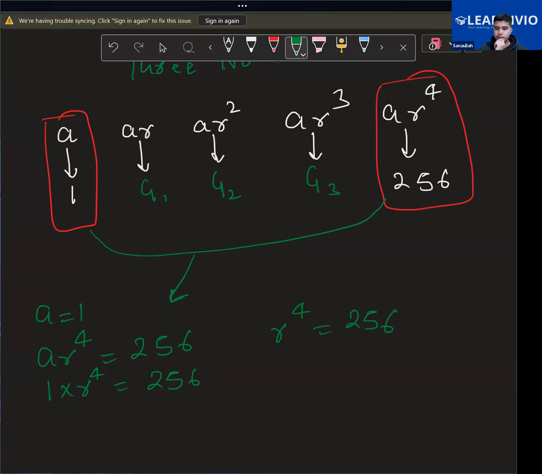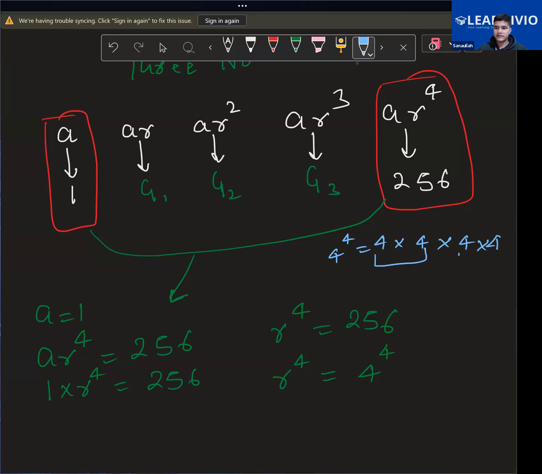So r power 4 will be 4 to the power 4. See, what is 4 to the power 4? It is 256. Did you understand how 4 power 4 becomes 256? 4 power 4 is 4 times 4 times 4 times 4.